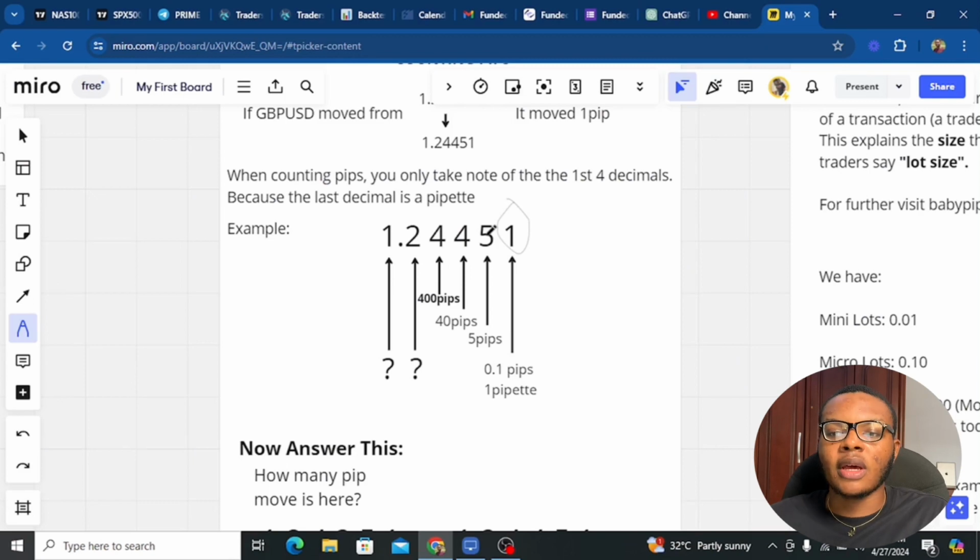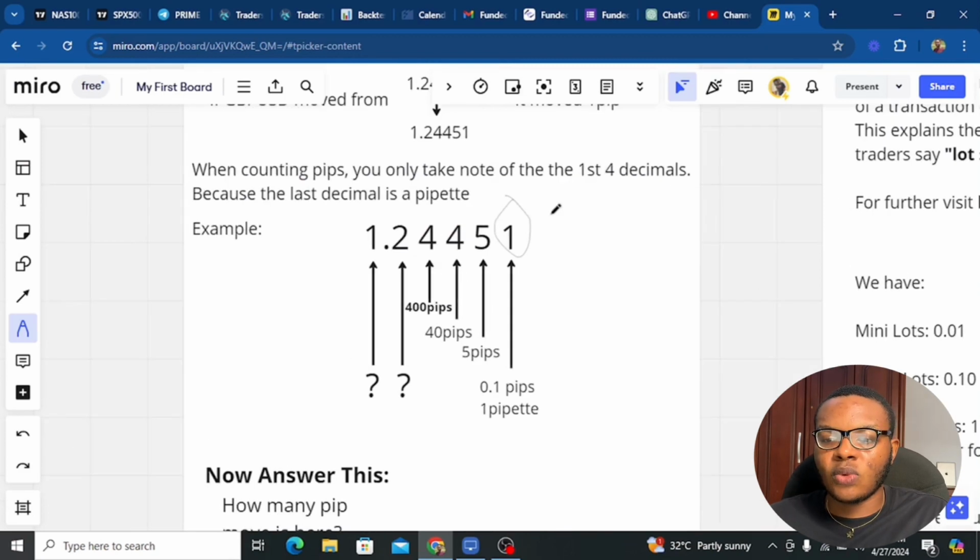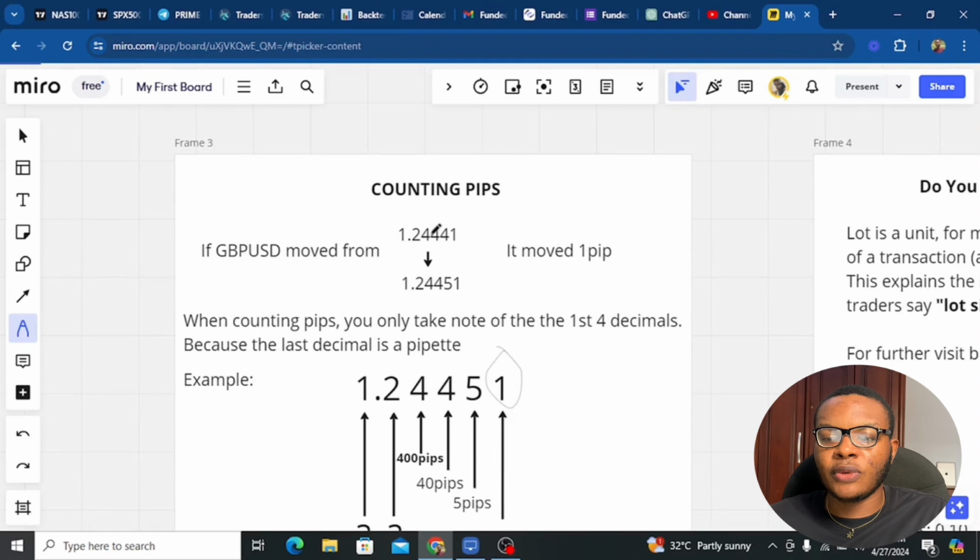so it's 5 pips. But let's go back to where we were coming from. When price moved from 1.2441 to 1.24451, it moved 1 pip.